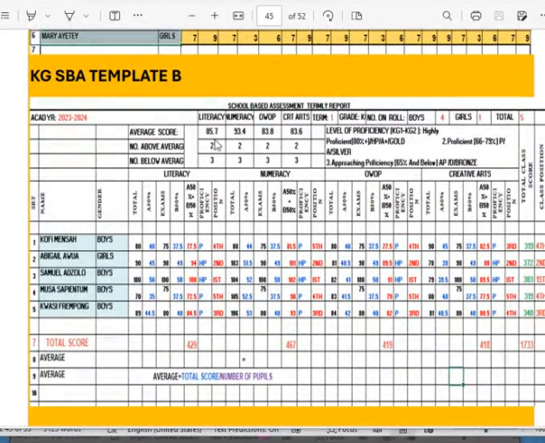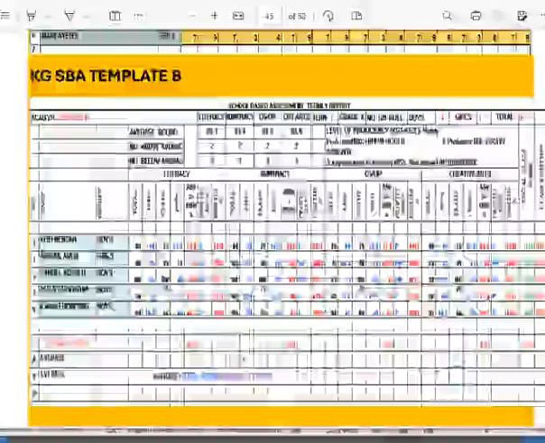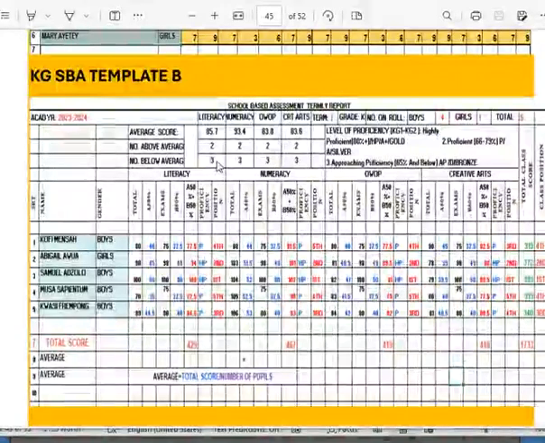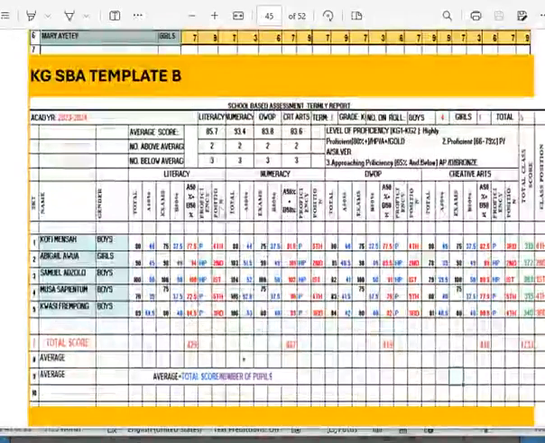So under literacy here, you have 2 pupils above average, and the remaining 3 had scores below the average, and those are Kofi Mensah, Musa, and Kwesi Frimpong. These are the 3 individuals who had scores below the average marks. On the other hand, Abigail and Samuel had scores above the average score.